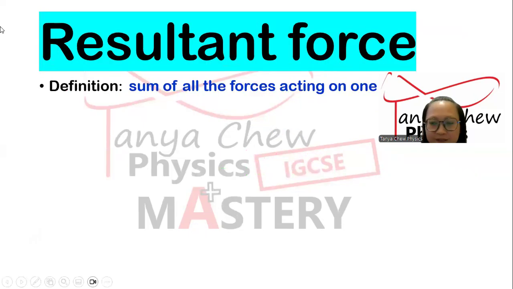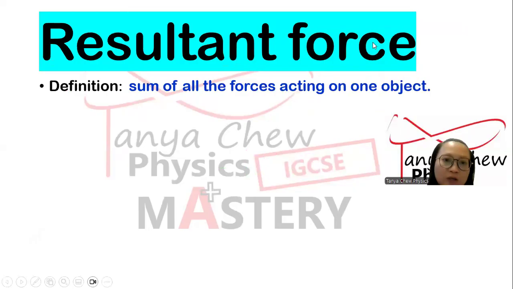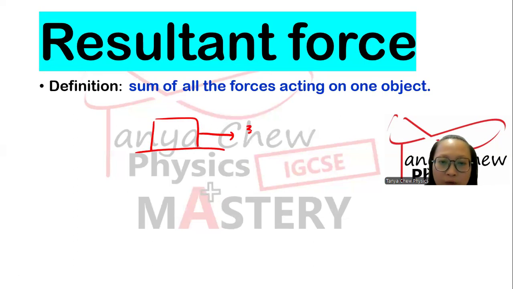The next one, resultant force. Resultant force is the sum of all the forces acting on one object. For example, this is the object. The object is moving, pushed with 3 Newton. And there is also a frictional force acting on the object, which is 1 Newton. Since force is a vector quantity, you have to consider the direction, positive and negative.